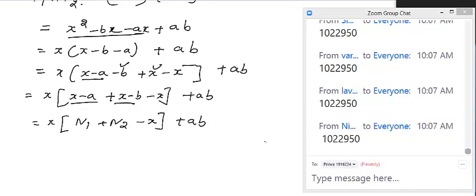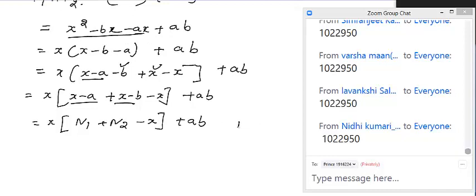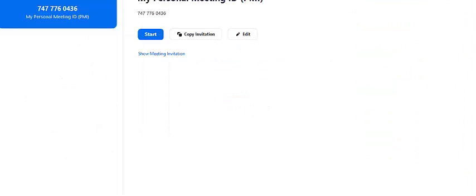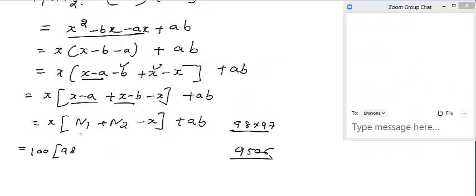Now take any two numbers, 98 and 97, both less than the base. You know the answer, you have done 9506 multiplication already. The base of these two numbers is 100. Number is 98, another number is 97, minus x, that is 100.